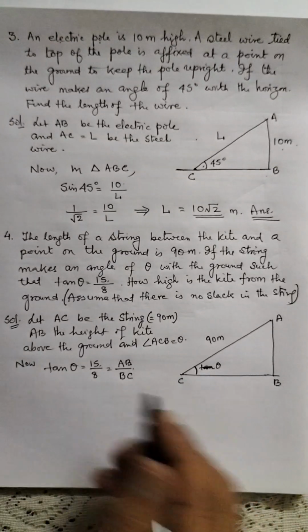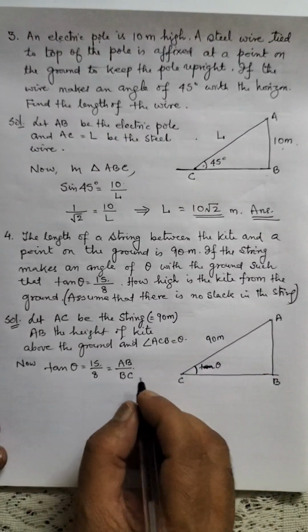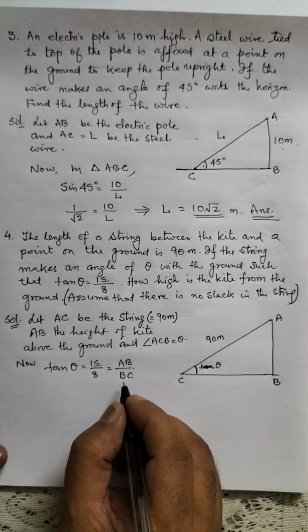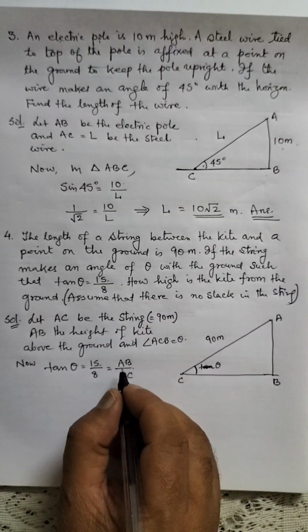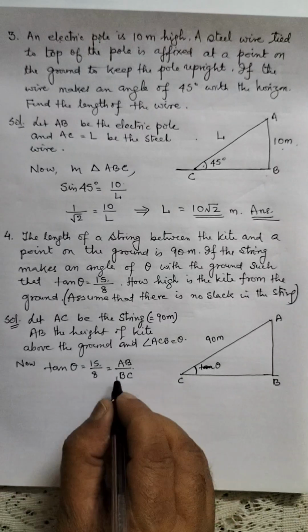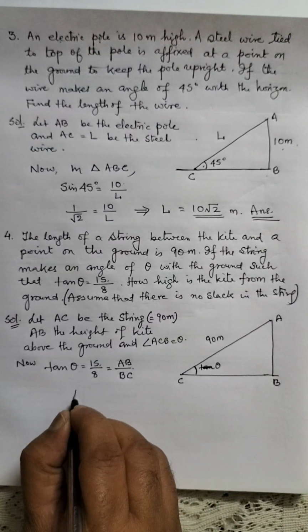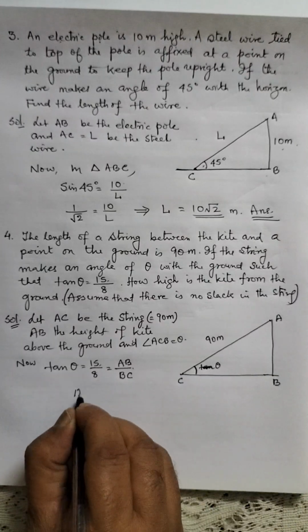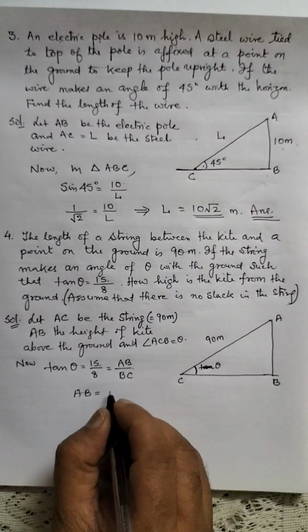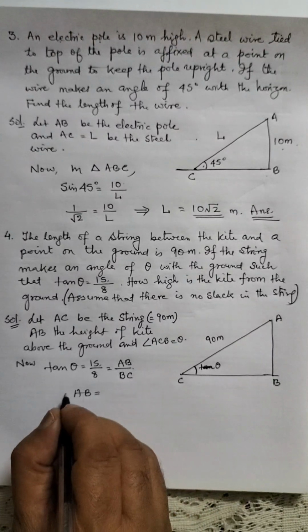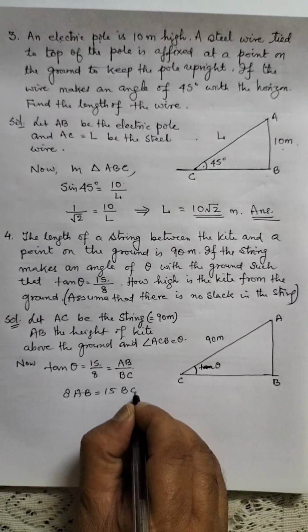We have to find AB. So here 8 AB is 15 BC.